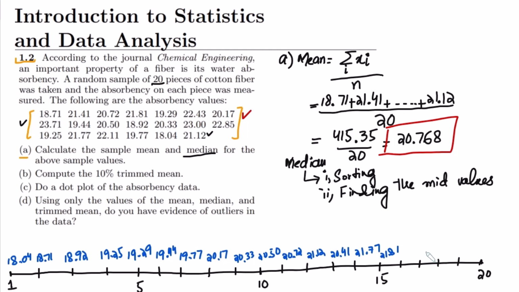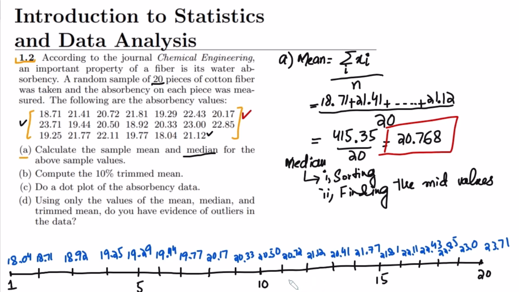Okay, 22.11, then the 22.43, 22.85. The second last one is 23.0, and the last one here is 23.71. Okay, so these are the total number of data points what we have, and these are 20.